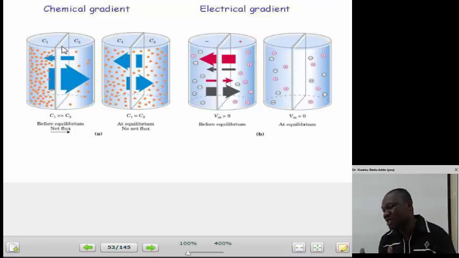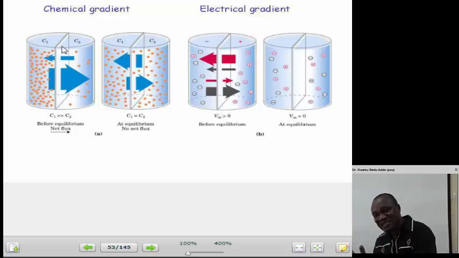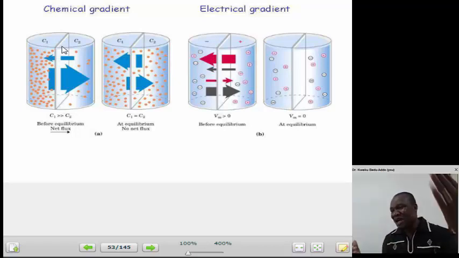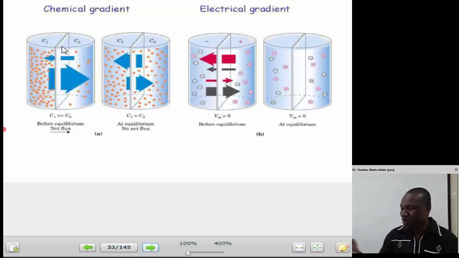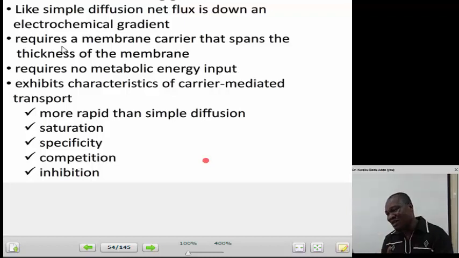So that is simple diffusion for you. It is movement across the membrane unaided, from a region of high concentration to a region of low concentration. Ionic movement depends on chemical gradient as well as electrical gradients.